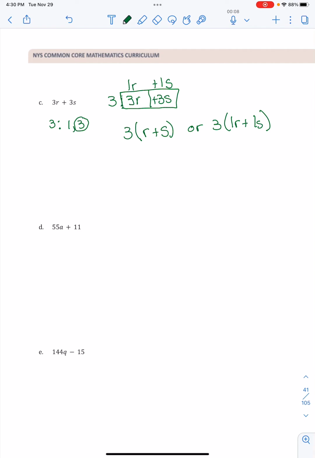My next one, we have 55 and 11. So my factors of 55 are 1 and 55, 5 and 11. My factors of 11 are 1 and 11. So my common factor is 11. So I can draw my box.